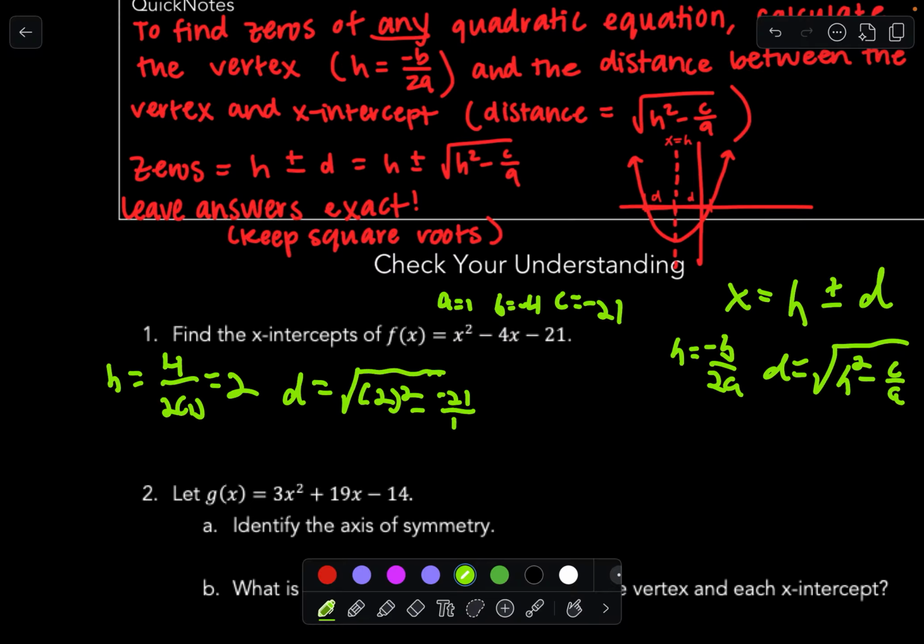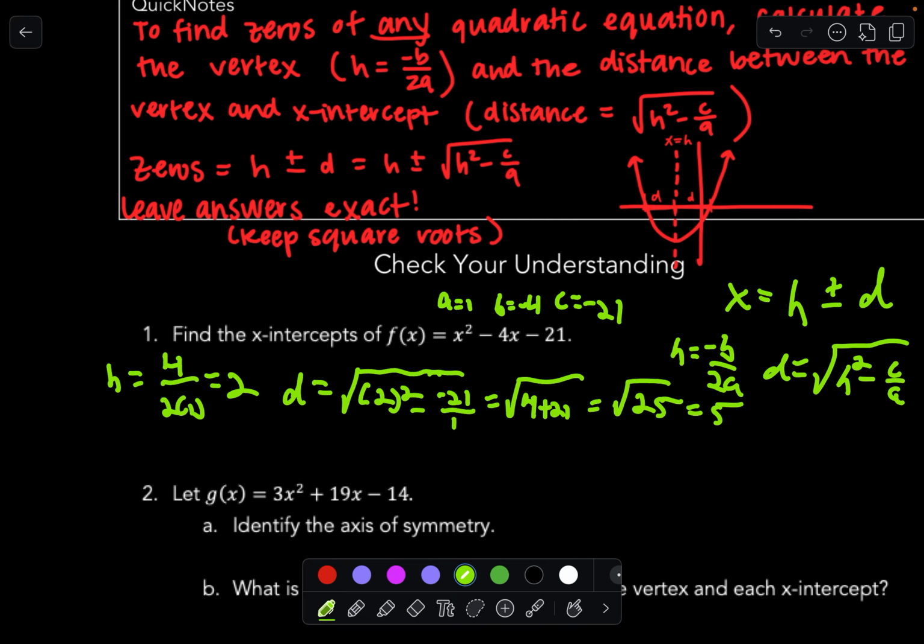So this equals the square root of 4 plus 21, which is the square root of 25, which is 5.